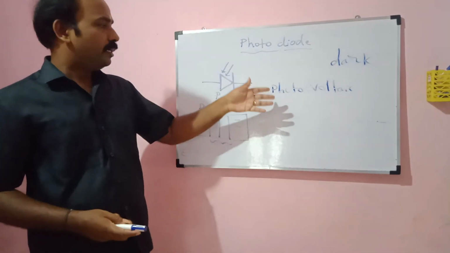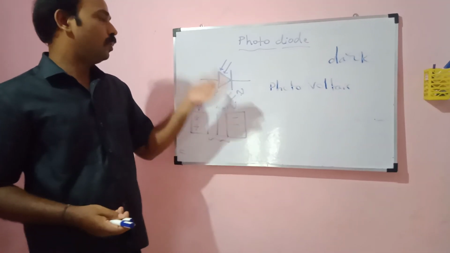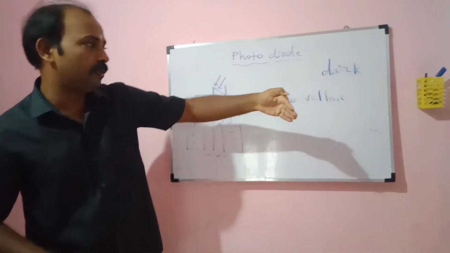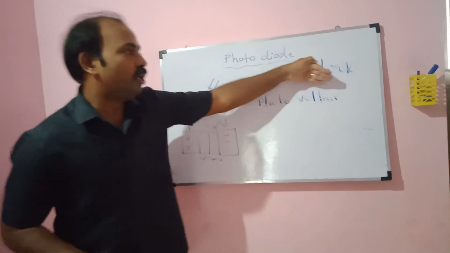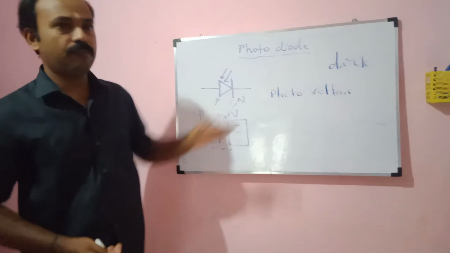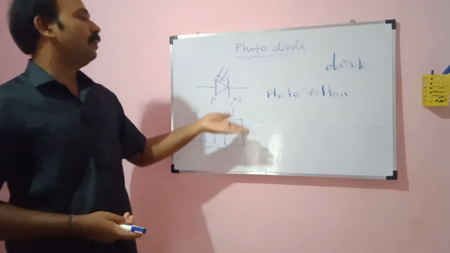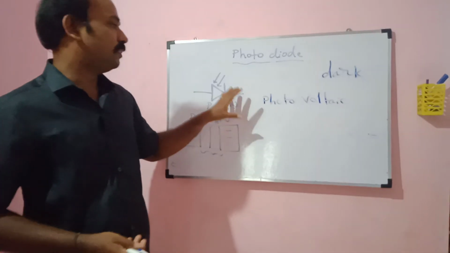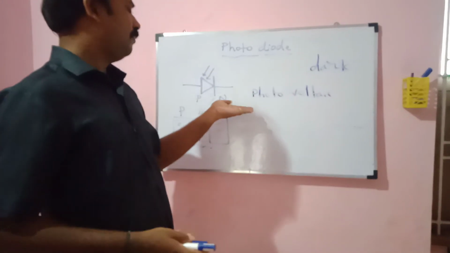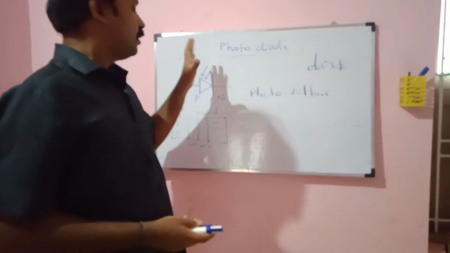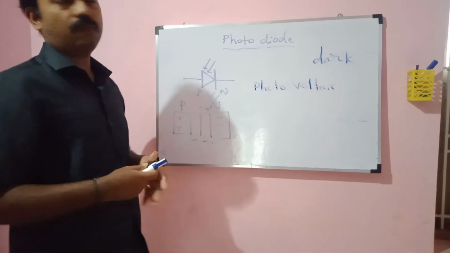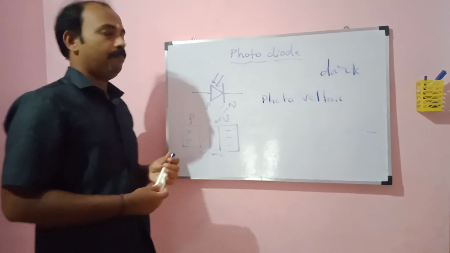So the principle and construction, and also the working procedure, two things: without incident light, dark current; with the application of reverse bias and light, the photoelectric current. And also the different modes of operation, photovoltaic mode and photoconductive mode. Then the advantages, disadvantages and applications of these photodiodes.